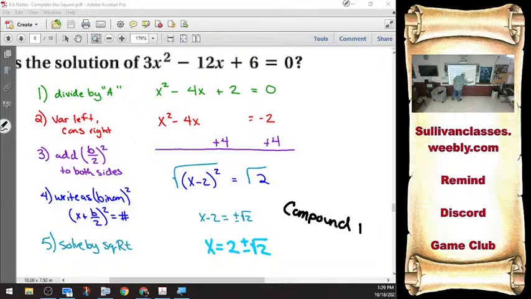A compound number is going to have a rational part plus an irrational part. So like 1 plus square root of 5 is a compound number because 1 is rational and square root of 5 is irrational. I'm going to leave my answers like this because they're the most accurate. 2 plus square root of 2 is one of my answers. 2 minus square root of 2 is one of my answers.